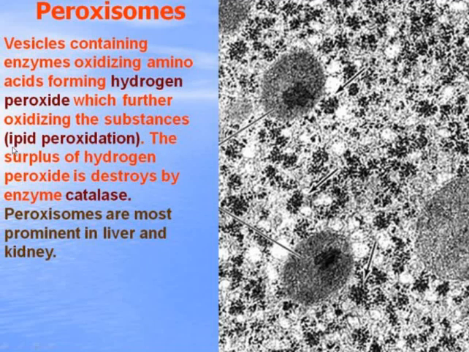It is called lipid peroxidation. And surplus hydrogen peroxide is destroyed by the enzyme catalase. Sometimes peroxisomes contain a crystal core.